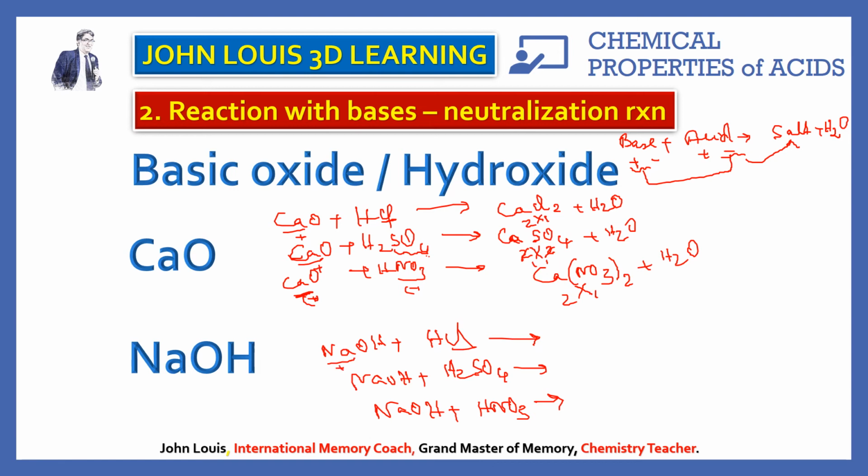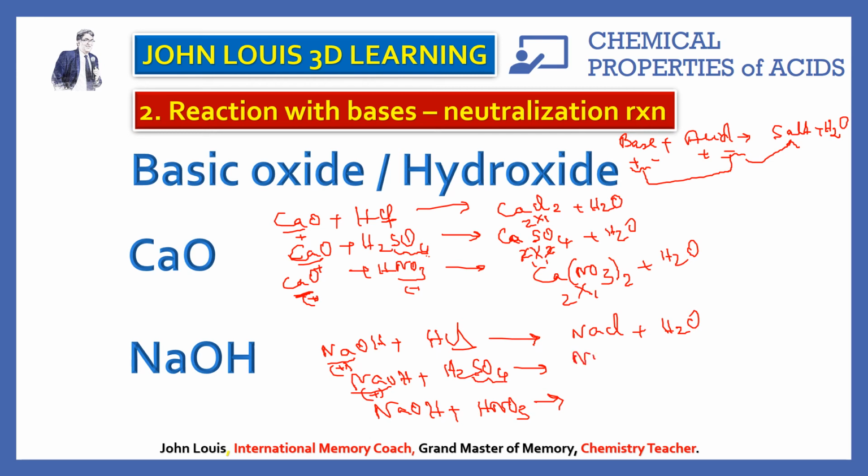Again here, sodium is positive, chloride is negative. The positive ion from the base, a metal hydroxide which is basic in nature, will react with the negative ion from the acid and form the salt, sodium chloride, plus water.